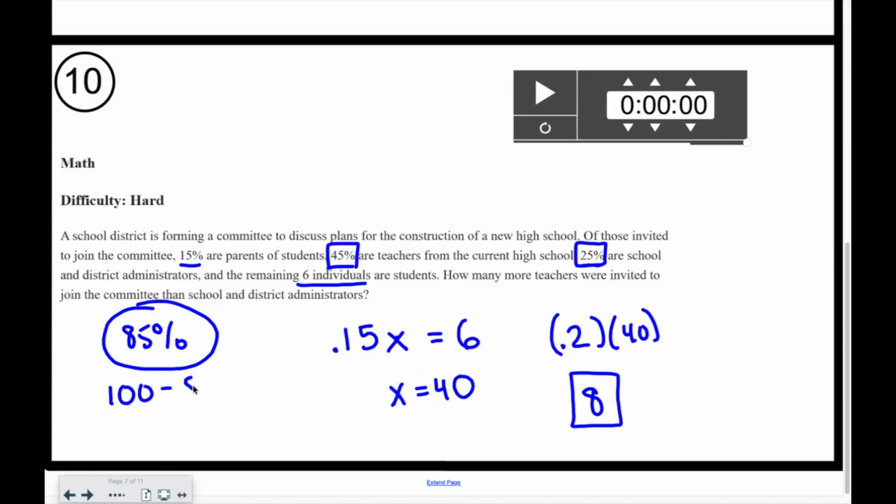So 100 minus 85 is 15, which means the students comprise 15% of the total. Well, 15% of the total was 0.15 times X, where X is the total, and that equals 6. So I just solved that equation by dividing. That gives me the total of 40, because if you do 15% of 40, you'll get 6, like these 6. Does that make sense?